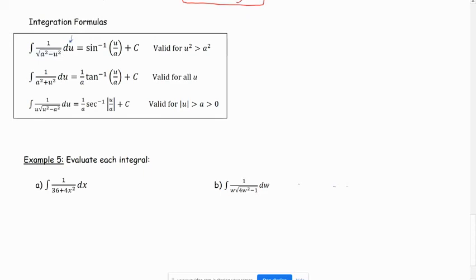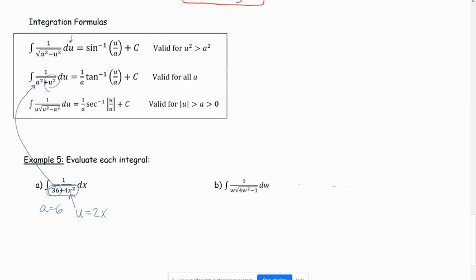So these formulas just help you identify what a and u are, and so this denominator looks a lot like this, and so we see that if we make a equal to 6, a squared would be 36, which is what we want, and then that means u has to be 2x in order to make that u squared.